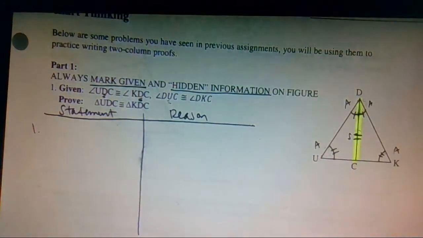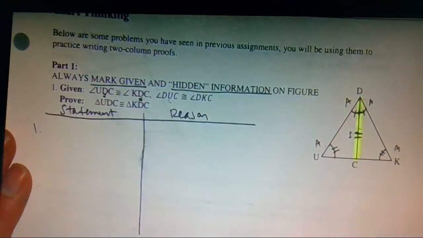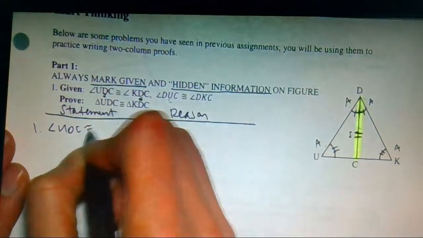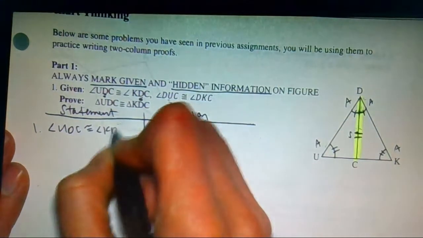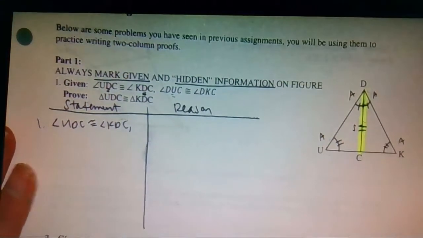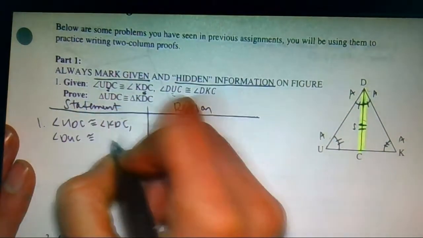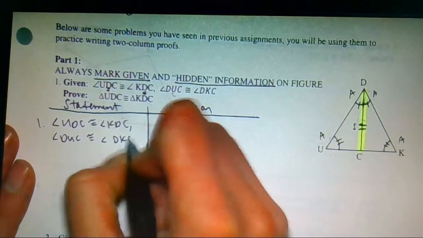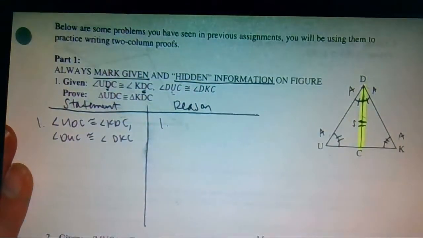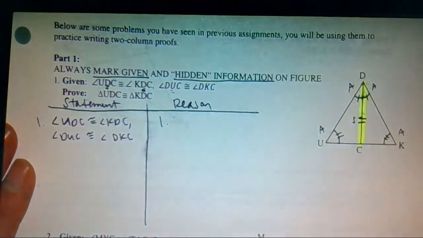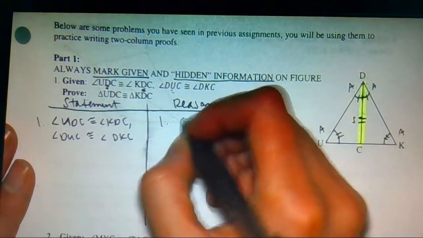Let's write it. So I start with what always? The given. So we're going to write angle UDC congruent to angle KDC. And then angle DUC congruent to angle DKC. So all I'm doing is writing down this part right here. What's my reason? Given.